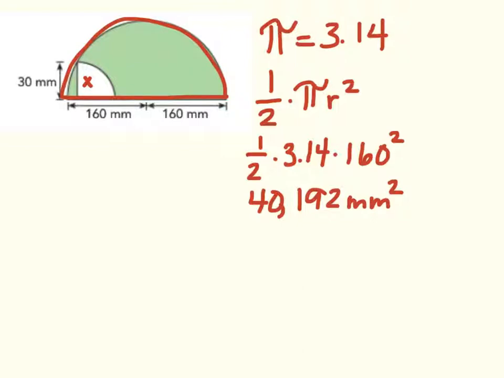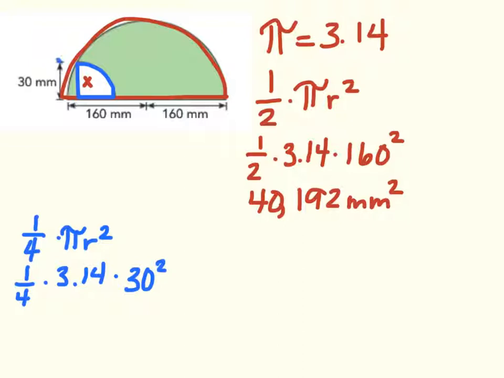Now, let's figure out the area of this. So the area of the quadrant is going to be 1/4 of pi r squared, correct? So 1/4 times 3.14 times our radius squared here is going to be 30, right?